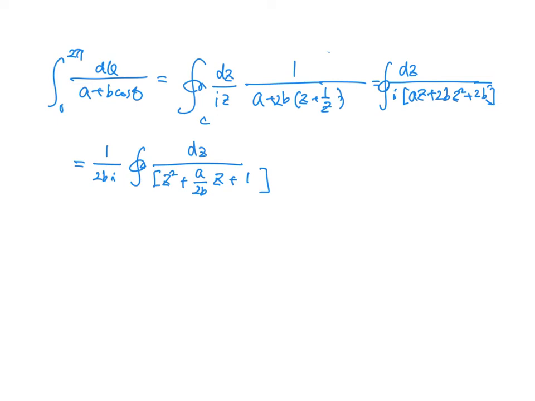So this is not 2. This is not 2. It has to be in the 2 here. So it becomes 2, 2. Become 2, 2b. Correct?